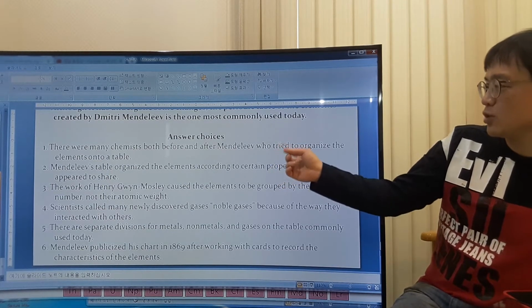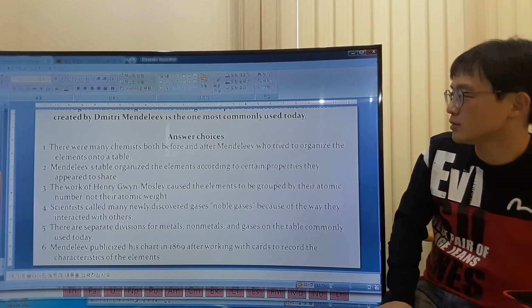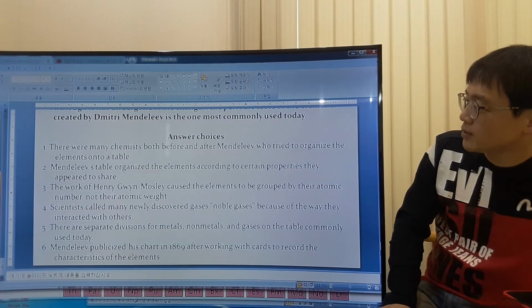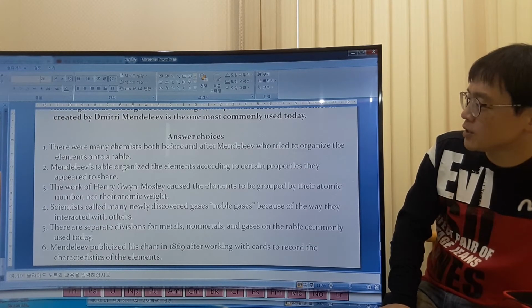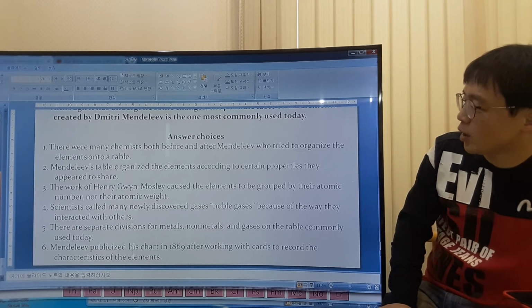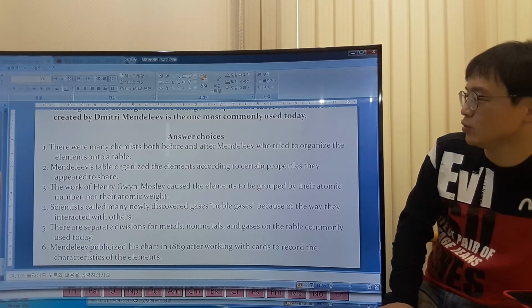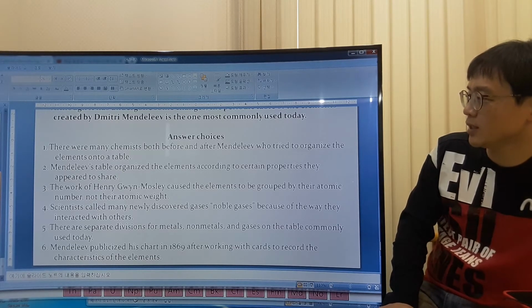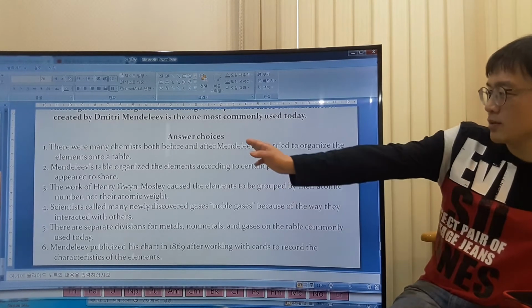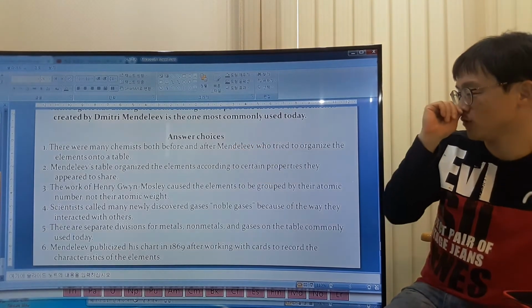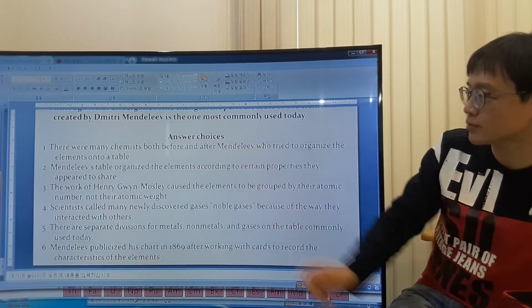This was mentioned in the introduction, right? But maybe this is not important since the author is trying to credit Mendeleev for his accomplishment, not to emphasize that there were chemists before and after him who tried to organize the elements. Do you understand? So this is like a small fact, so we're not going to use one.